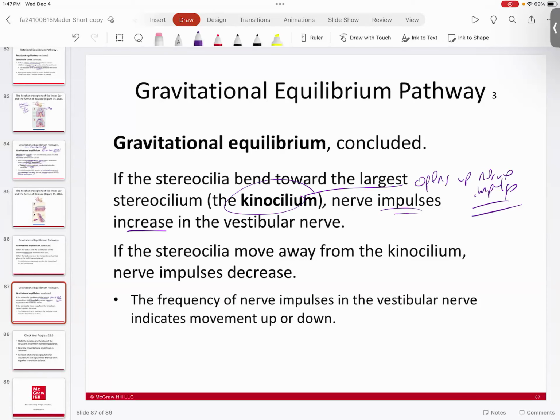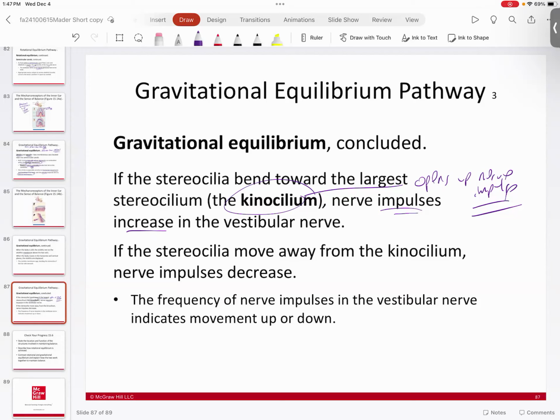Otoliths are bending on me, they're rolling over me, and they're pushing me forward. But what we do is we don't open anything up. So the individual stereocilia don't actually have an activity yet on the nerve impulse. What happens is all of them say, the otoliths are pushing me over, and then they give all that information to their leader, the kinocilium. And then when the kinocilium bends, that sends the information.